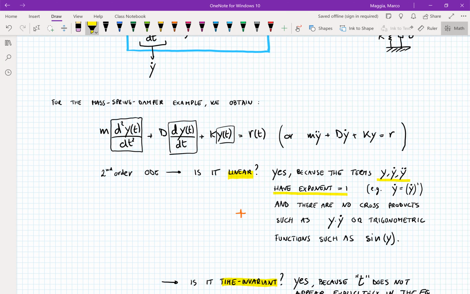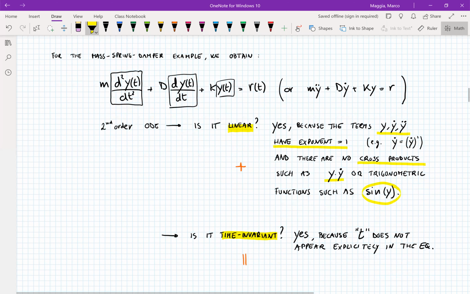And there shouldn't be any cross product between the function and its derivative, such as y times y dot. Or there shouldn't be nonlinear functions, such as trigonometric functions of the output and its derivative. For instance, if we had sine of y, sine is clearly a nonlinear function, so the ODE would also be nonlinear.